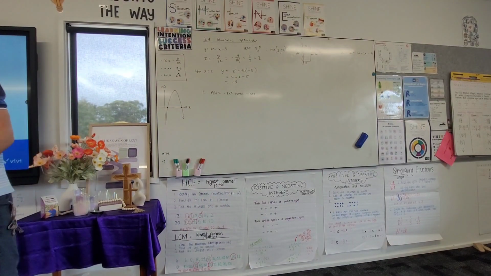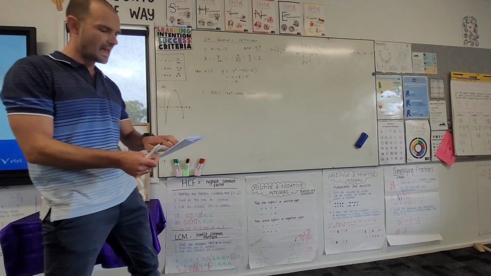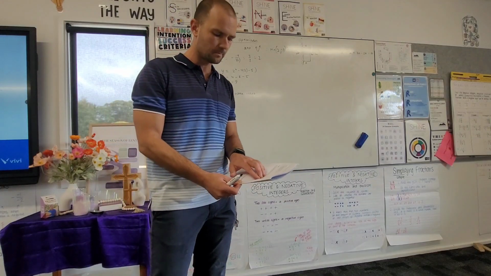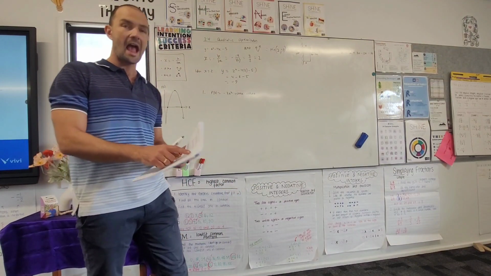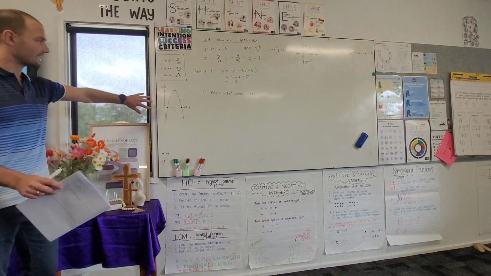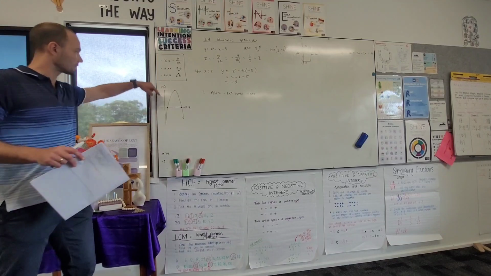In our first example, we have the profit in manufacturing x kettles per day is given by this quadratic equation. Find the number of kettles to maximize profit and the profit in this circumstance. So I've gone ahead and sketched this curve. If you graph this, this is what the quadratic looks like.